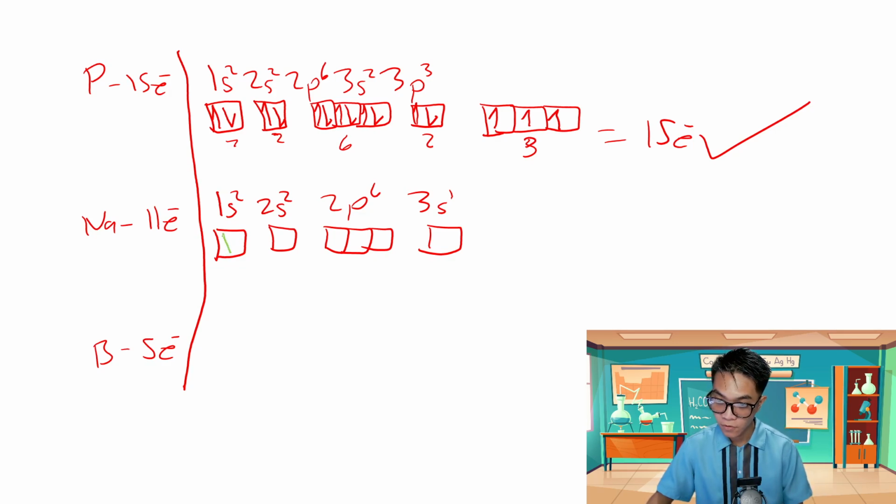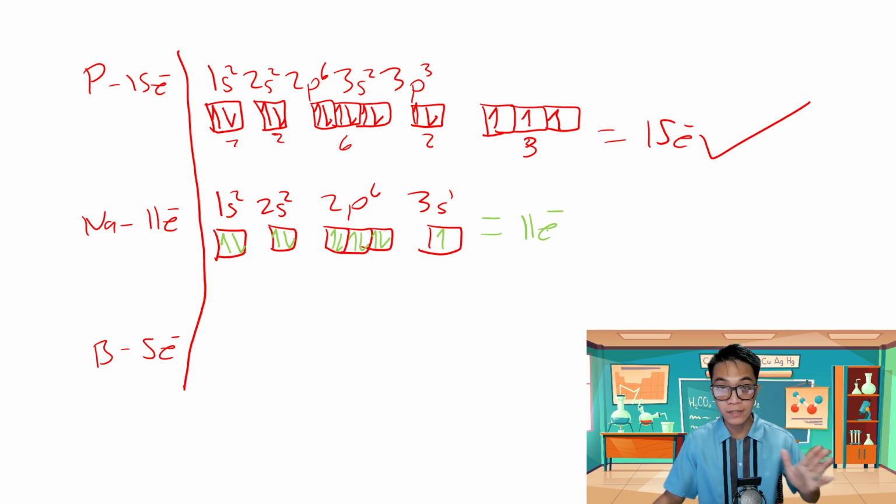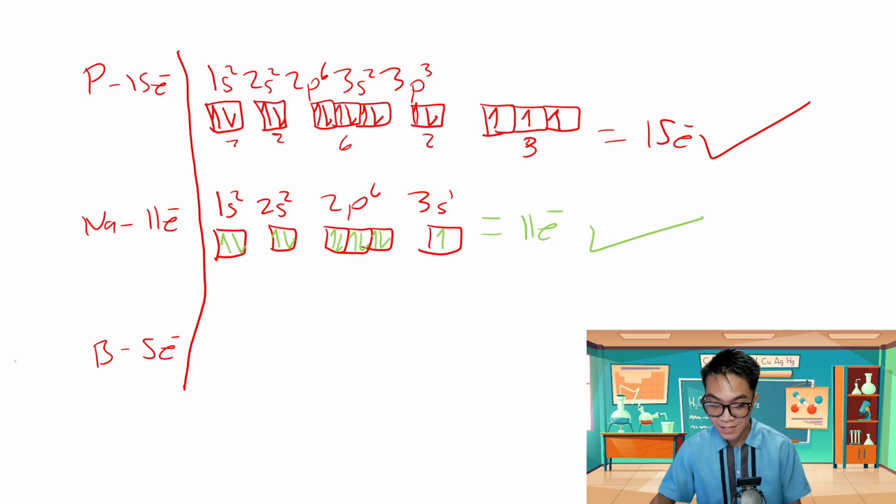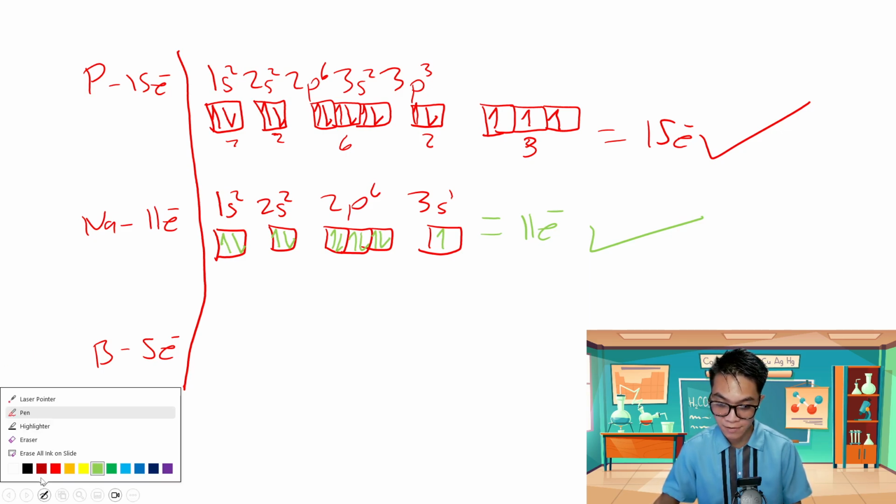So we have 1s1, 1s2, 2s1, 2s2, 2p1, 2p2, 2p3, 2p4, 2p5, 2p6, and then 3s1. Now we have a total of 2, 4, 10, 11 electrons. So we have 11 electrons, and we didn't violate any principles. So this is correct.